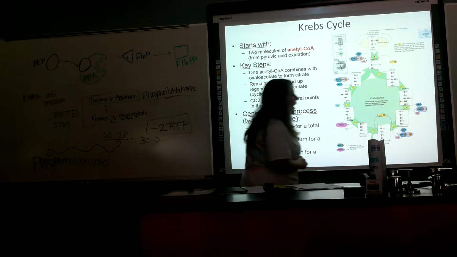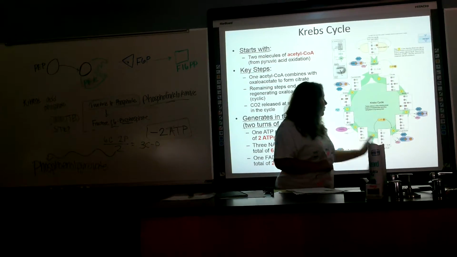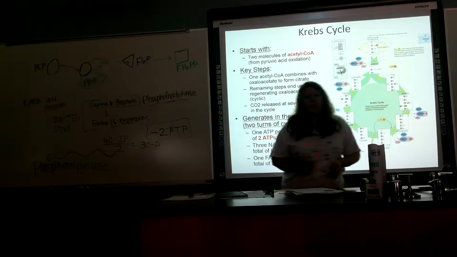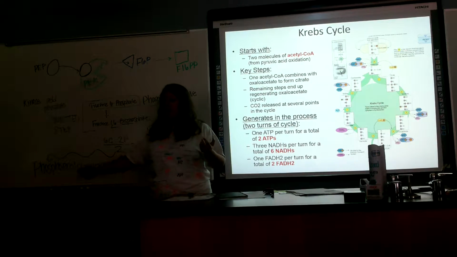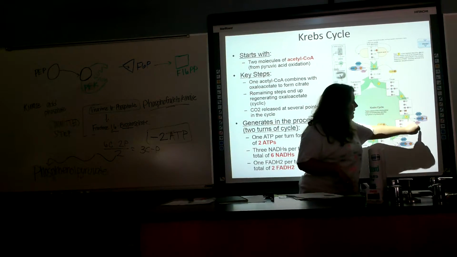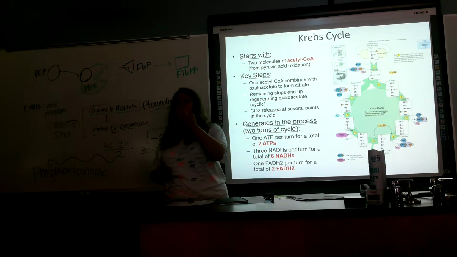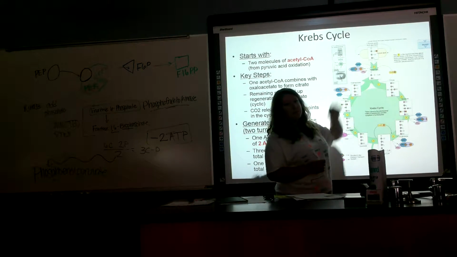So as this citric acid is converted into different molecules all the way throughout this cycle, at some point electrons are going to be released and we're going to lose carbons because we're breaking things down and stripping them off. Every time we strip off a carbon, it's going to leave in the form of CO2. So again, that CO2 that we breathe out through aerobic respiration is coming from here as well as the transition stuff.